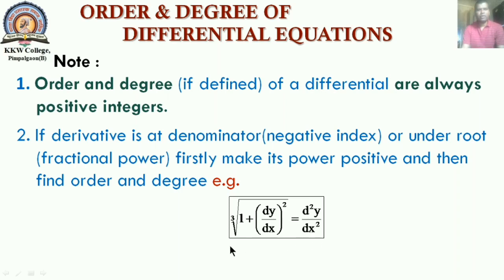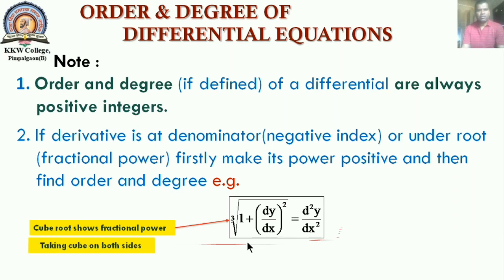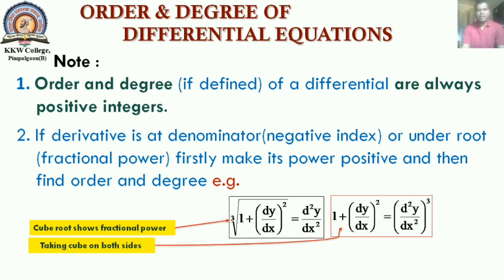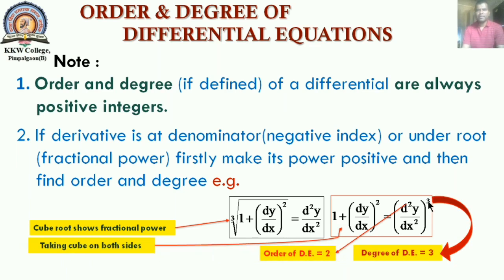We will cube both sides. Therefore we get 1 + (dy/dx)² = (d²y/dx²)³. The highest order derivative is d²y/dx². Therefore 2 is the order of the differential equation and the power of the highest order derivative is 3. Therefore the degree of the differential equation is 3.